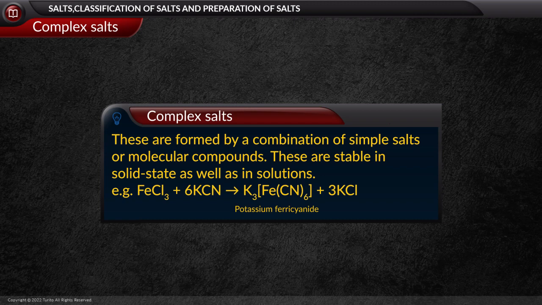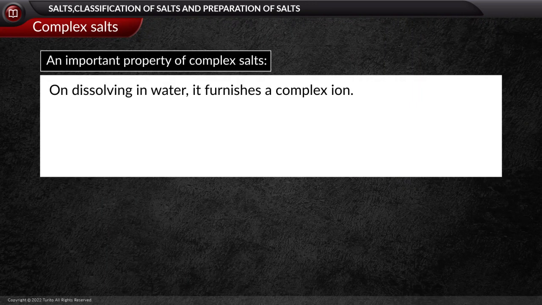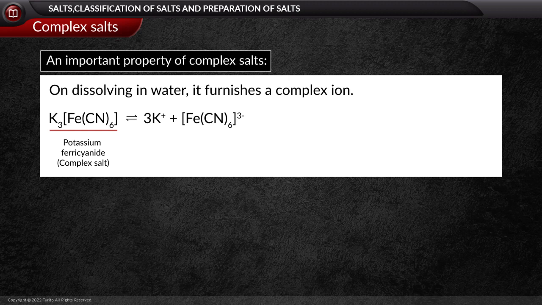One of the most important properties of complex salt is its ability to furnish complex ion in an aqueous solution. For example, potassium ferricyanide, when dissociates in water, forms potassium ion and a complex ion, ferricyanide.